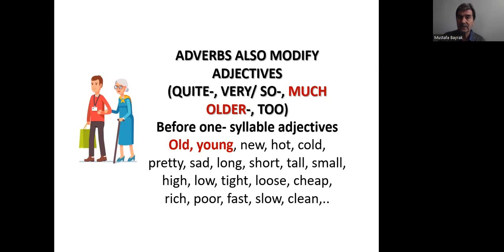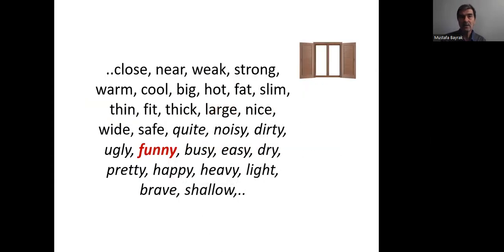With one syllable adjectives, we can use all those adverbs. Yes, very close, very near, very weak, very strong, quite warm, quite cool, etc. Large, very large, so large. Funny, very funny, quite funny, much funnier or much more funny, okay.